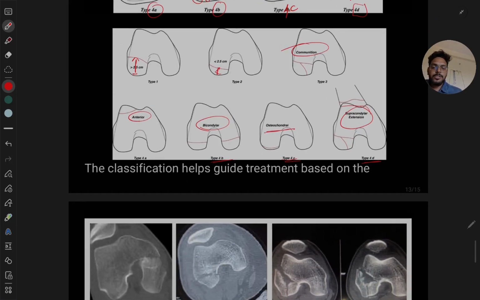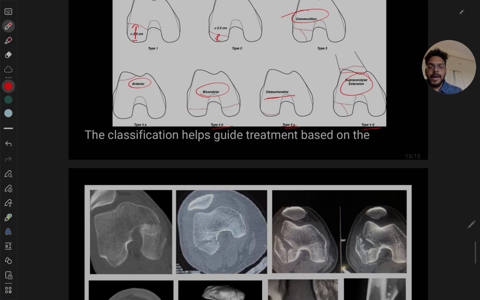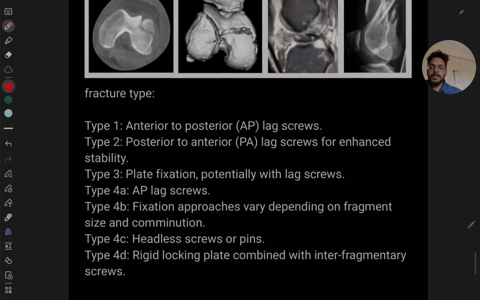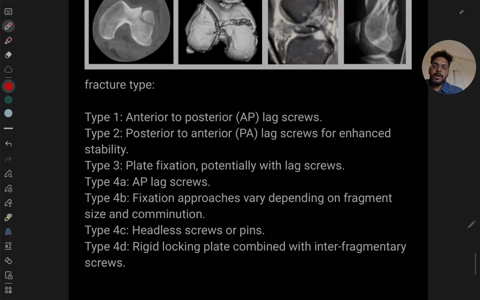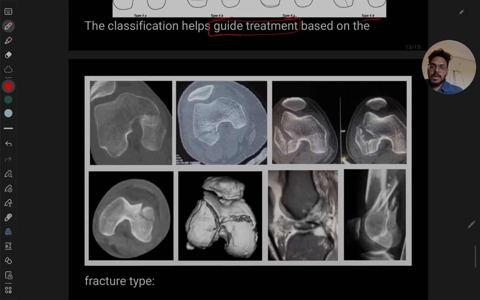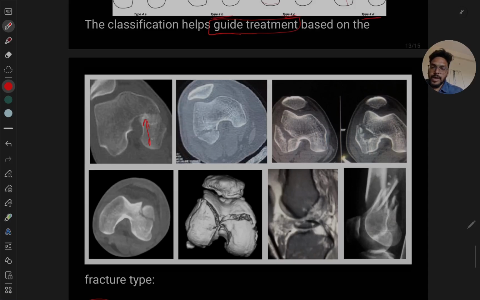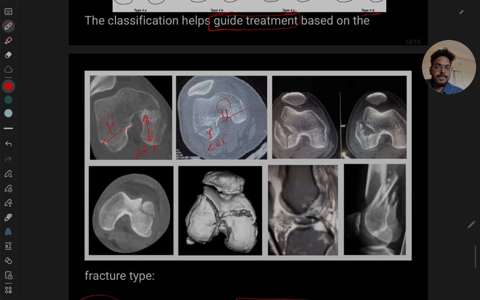What does this classification help is, it guides in the treatment based on the fragment type. So for type 1, anterior to posterior AP lag screws can be used. You can see again in the CT also, a large fragment more than 2.5, type 1, a small fragment less than 2.5, it is type 2. So this is mainly a CT based classification, that's why we use it.